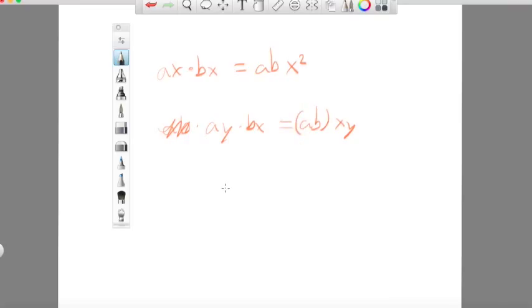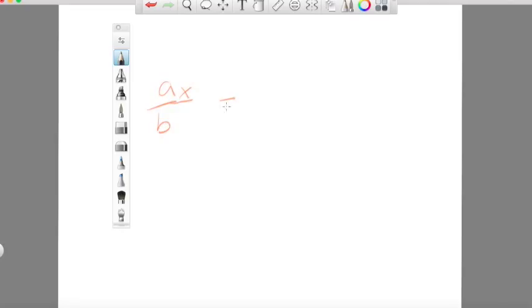Now on to division. So ax over b is equal to a over b times x, and ax over bx is equal to a over b.